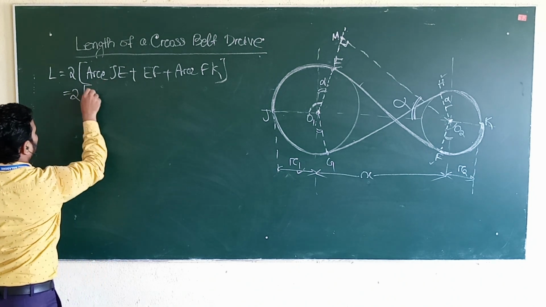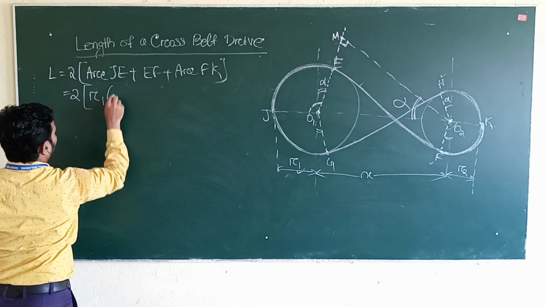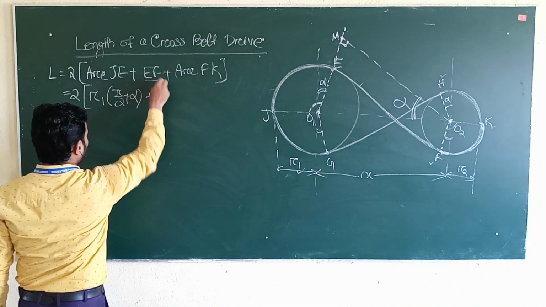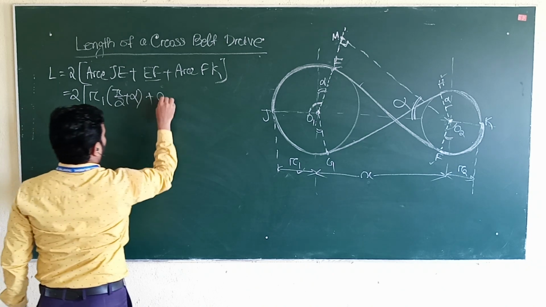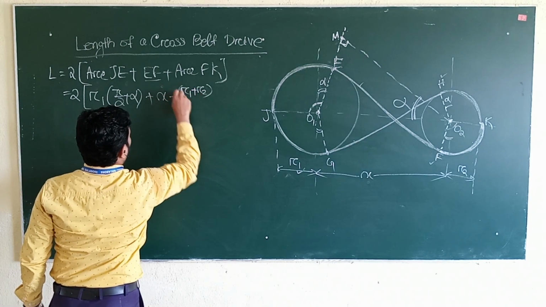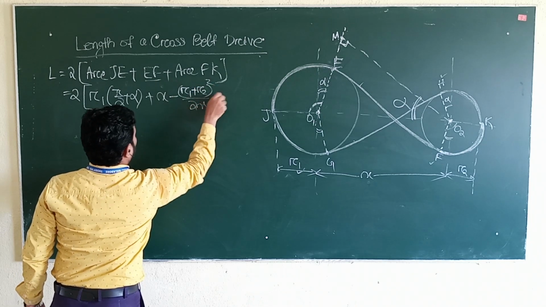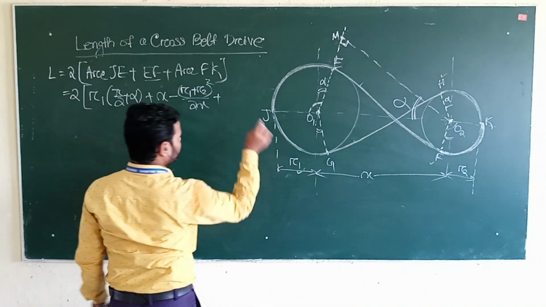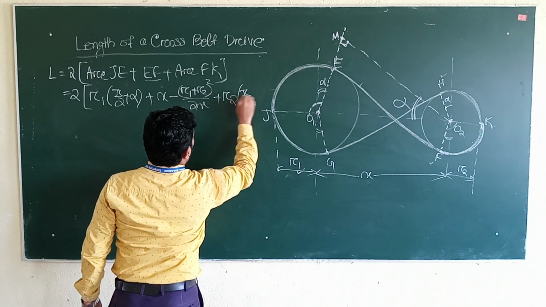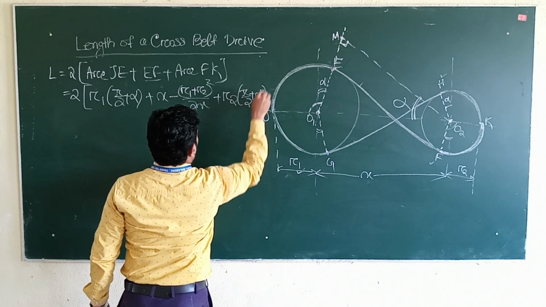We know that this one is r1 into (pi by 2 plus alpha). Plus, what is the value of EF? We have calculated recently: x minus (r1 plus r2) square by 2x. Next, what is the value of FK? We have calculated already: that is r2 into (pi by 2 plus alpha).